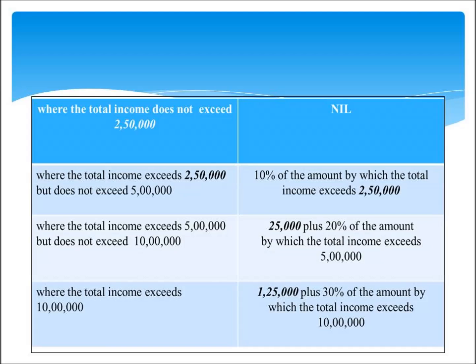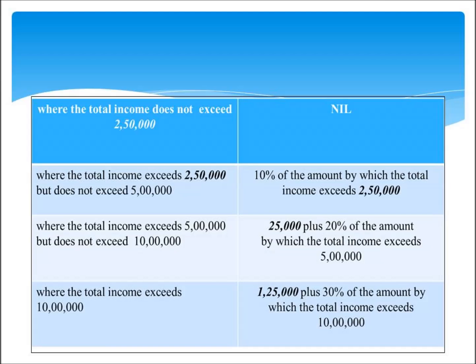For example, if I am earning 2,60,000, my income for the year is coming to 2,60,000 after all the calculations. So, till 2,50,000, my income will be exempt, and whatever income is over and above that 2,50,000 will be charged at the rate of 10%.